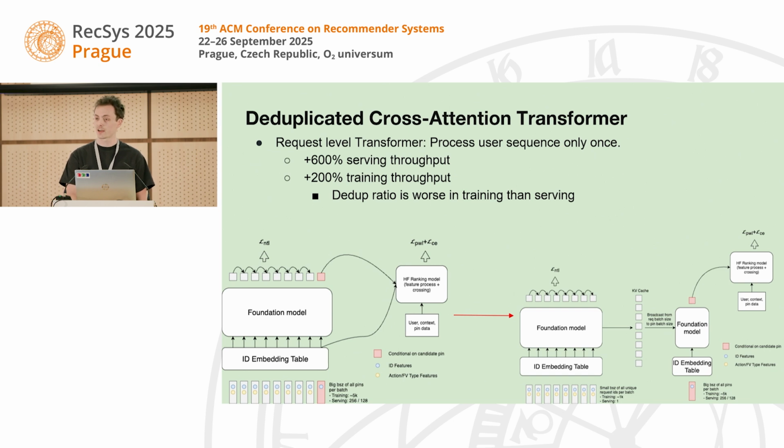We save that KV cache and broadcast that to the candidate level. And then we perform cross-attention with only the candidate pin in the query sequence, which allows us to see a 600% serving throughput increase and a 200% training throughput increase as a result of deduplicating most of the user level compute.